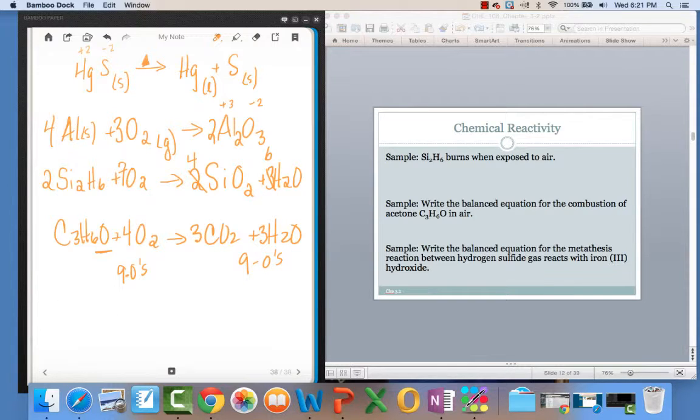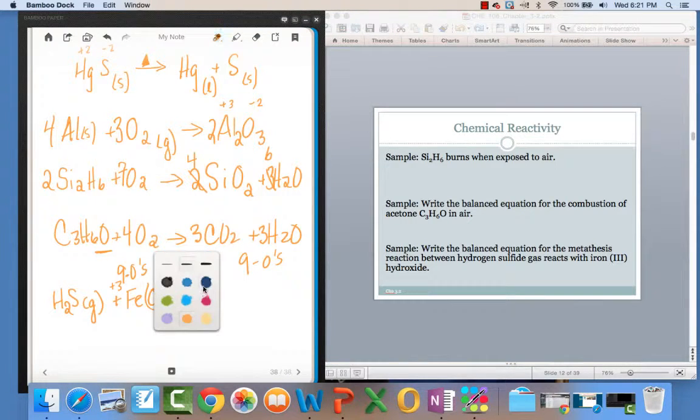All right, last one. Write the balanced equation for a metathesis reaction between hydrogen sulfide gas. H is +1, S is -2, so dropping across. Gas reacts with iron 3 hydroxide, Fe(OH), this is -1. They said it was iron 3, so Fe(OH)3, and this is aqueous.